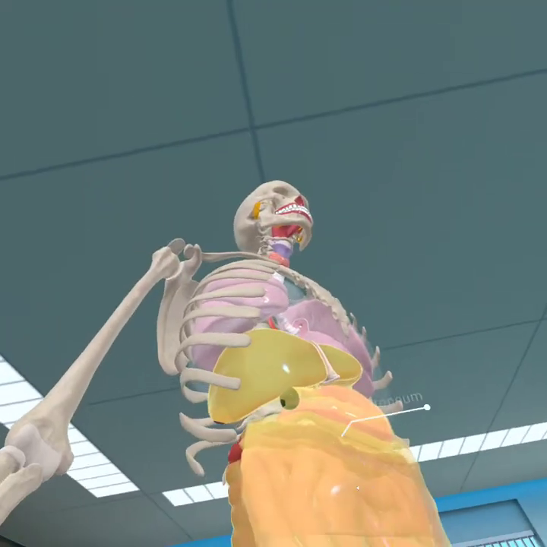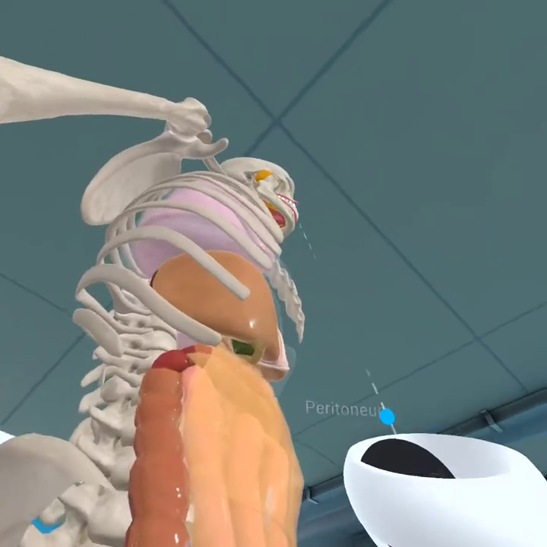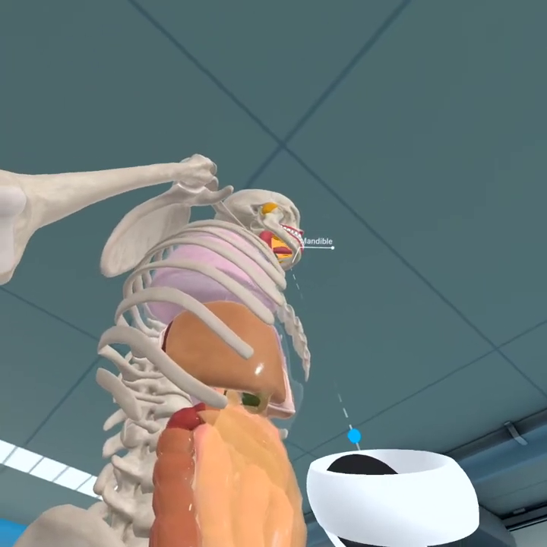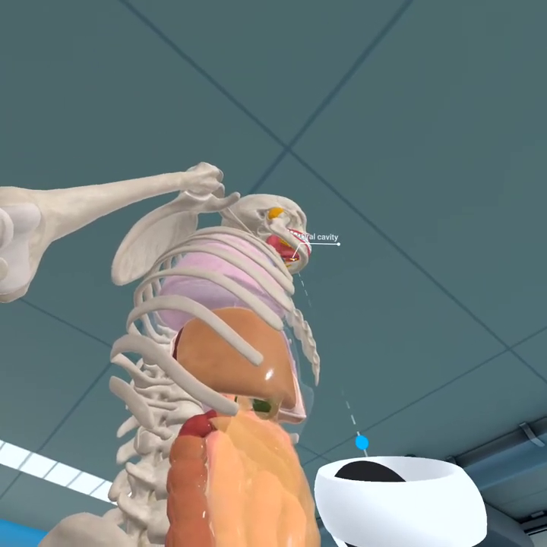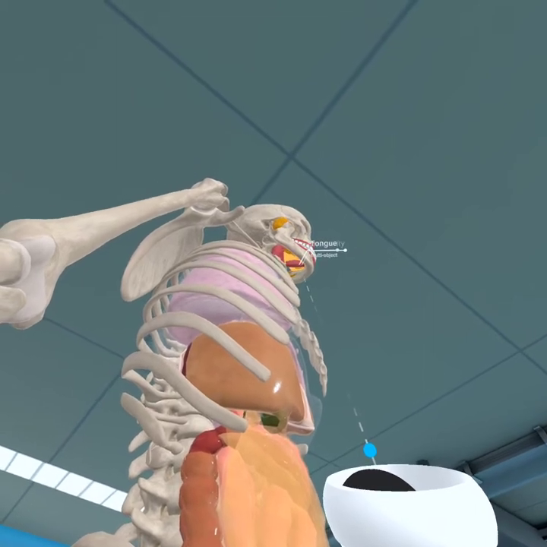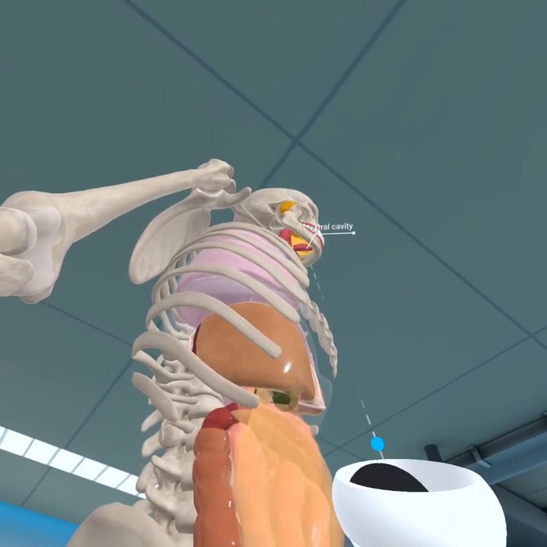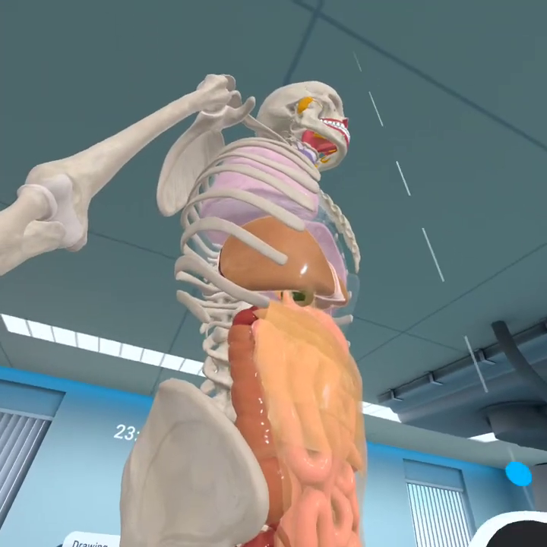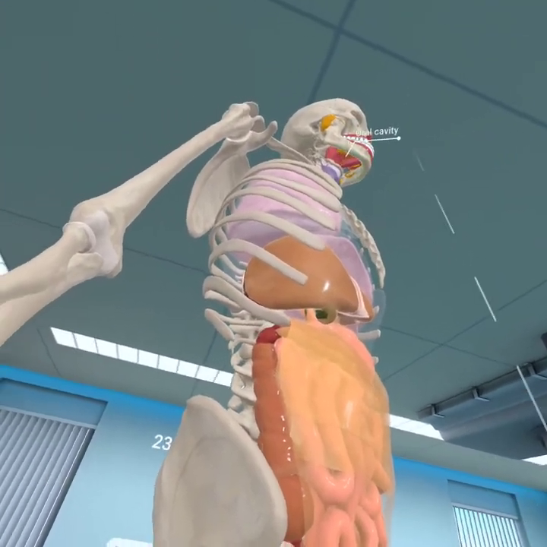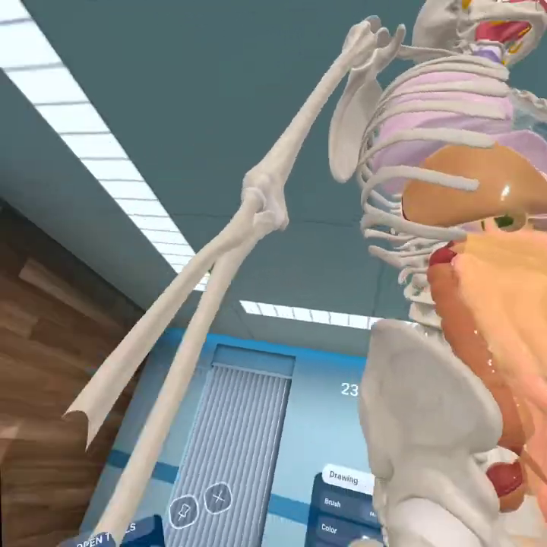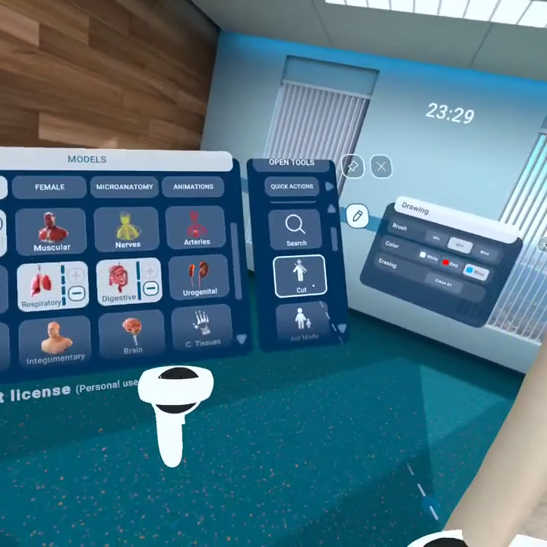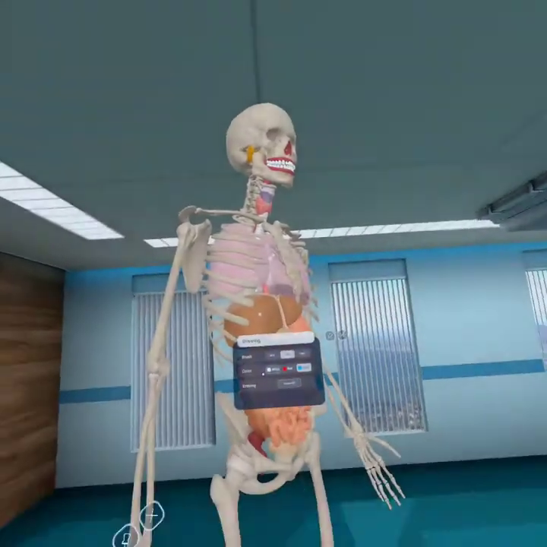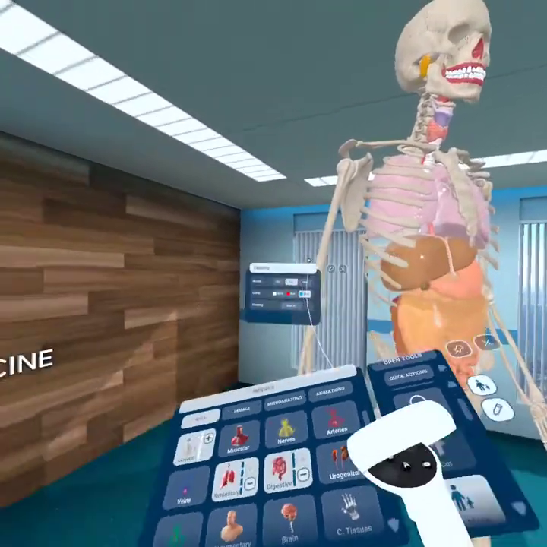Move forward, and we have our sublingual gland. Okay, I just wanted to point it out, but that was a waste of your 5 or 10 seconds. So I'm going to move to M mode, and in M mode we can see these things much better.